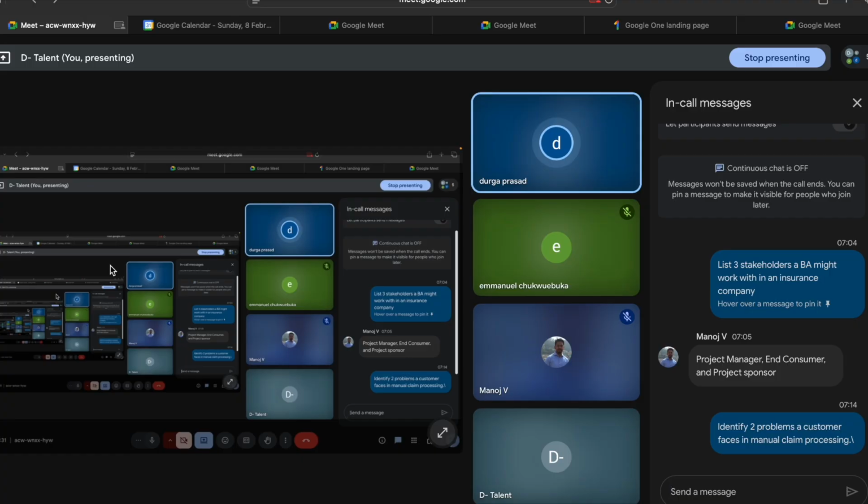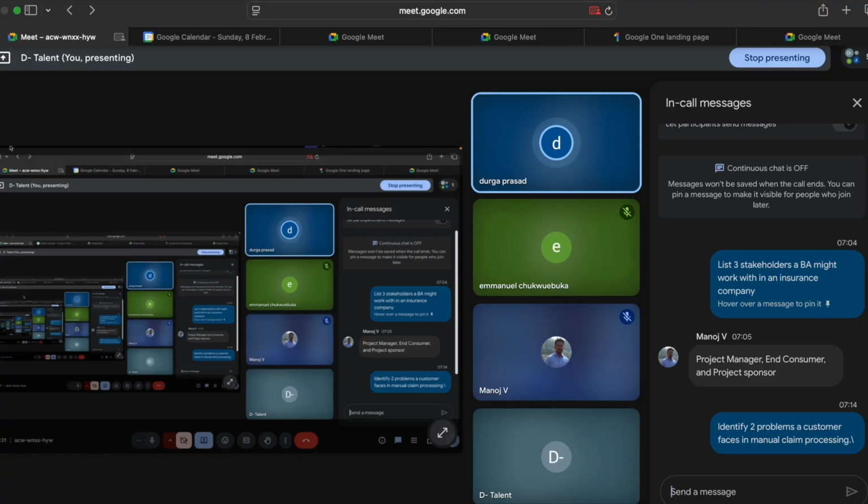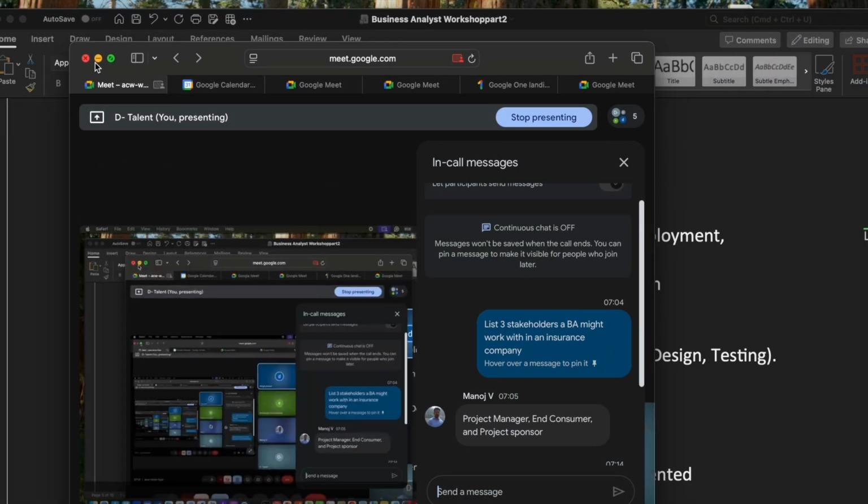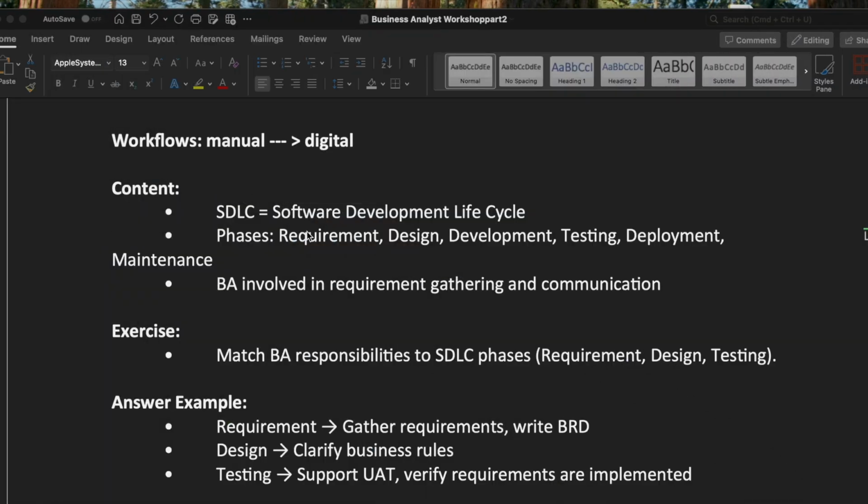So let's say you are working on a backend user story. When you are working with a backend user story, let's say you have a form here, an insurance claim.